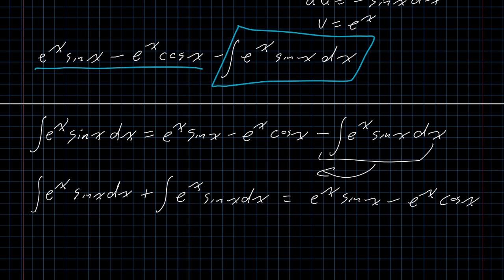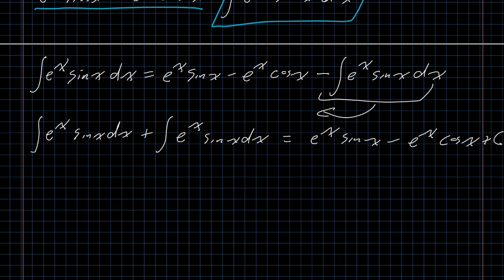And at this point, I realized that there might be a constant of integration involved here somewhere because there's no integrals left on the right-hand side. So I guess I should probably fill that in just for safety. It might be that c is 0, but that'll give me some safety. And then over here on the left-hand side, I have the same integral twice. That's just 2 times the integral e to the x sine x dx.